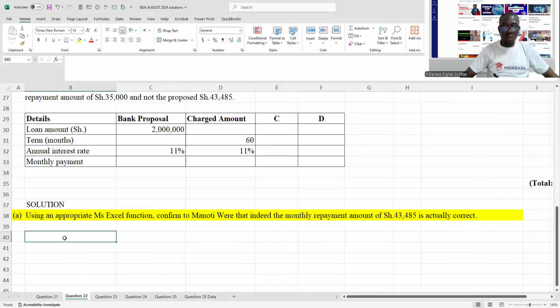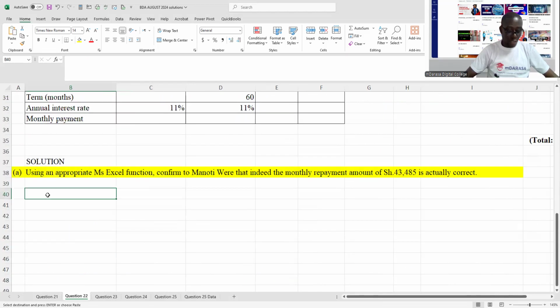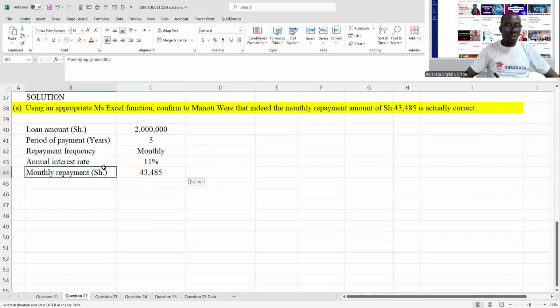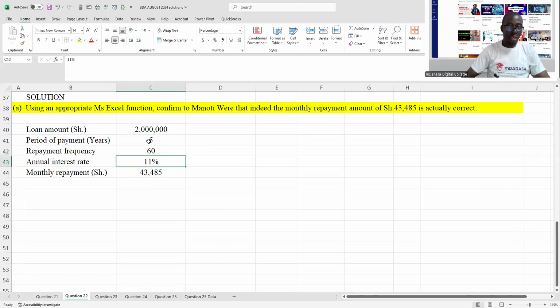At this point, we are supposed to use the payment function. From which data? This is the data that you're given, so just copy paste this data here, okay? Having all our details, that is to say loan amount is 2 million, period is 5 years. 5 years will translate to how many months? 5 by 12 gives us 60 months.